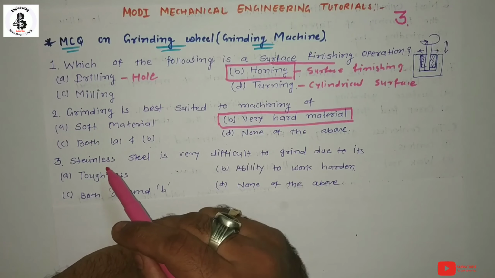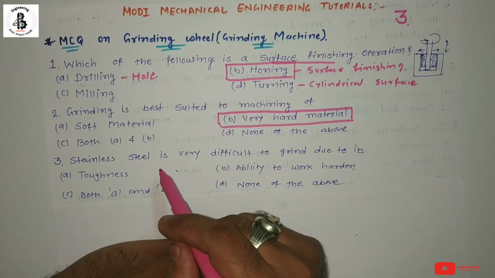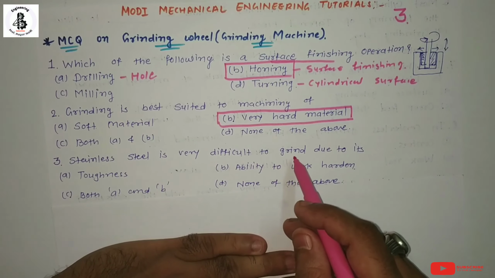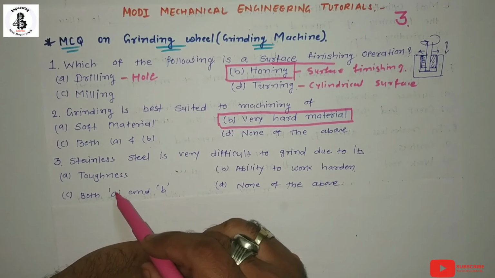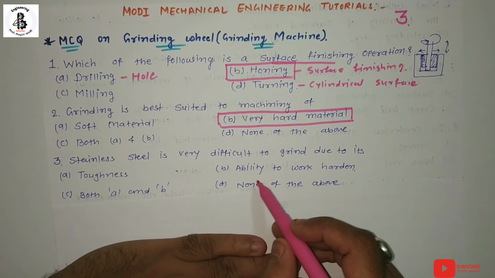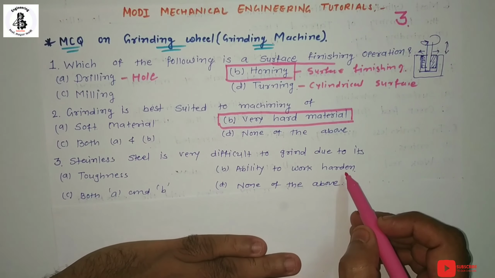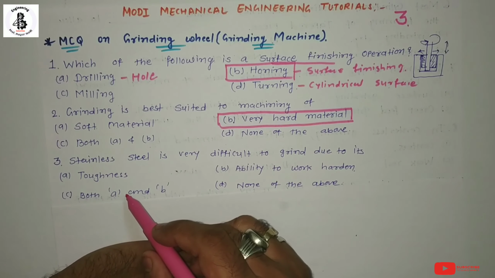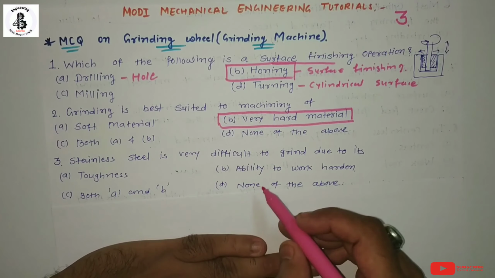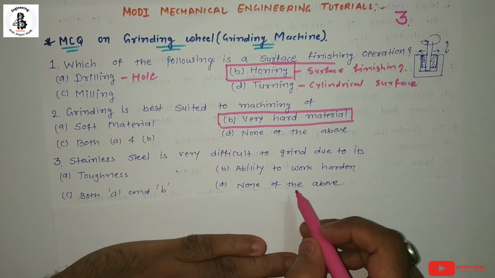The next question. Stainless steel is very difficult to grind due to its option A, toughness. Option B, ability to work harden. Option C, both A and B, or you can say both toughness and ability to work harden. And option D, none of the above.